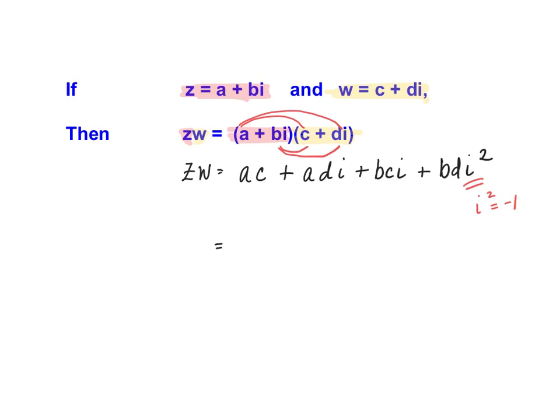So now I've got ac plus adi plus bci minus bd.